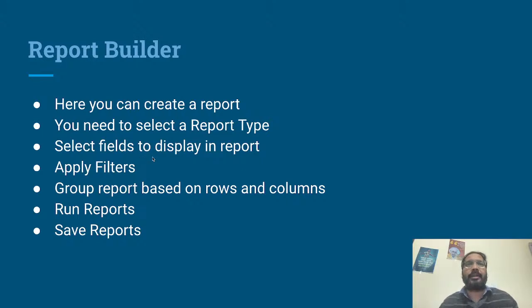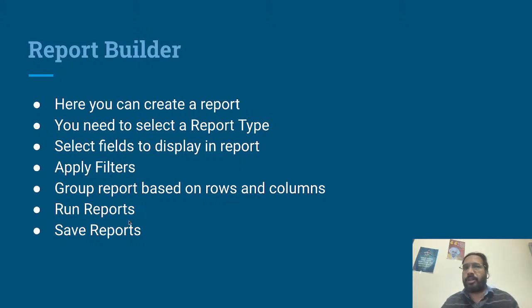Then you can select which fields you want to display in the report. Then if you want to apply filters as we applied in the list view, so that you can show some selected or particular records, you can apply filters as well. Then if you want to group your report, you can do that on the basis of rows and columns. We will see that, and we have different report formats for that.